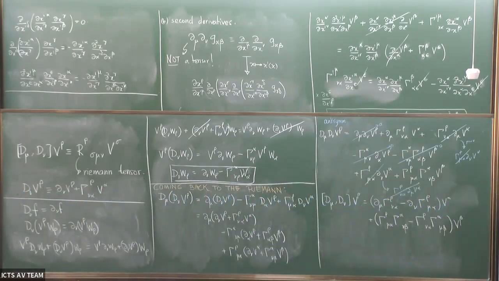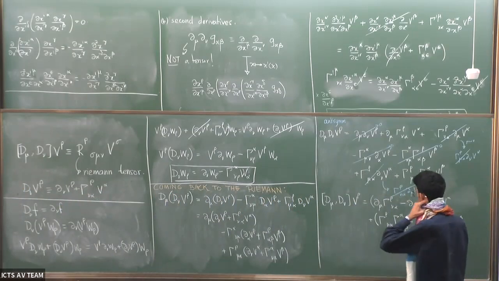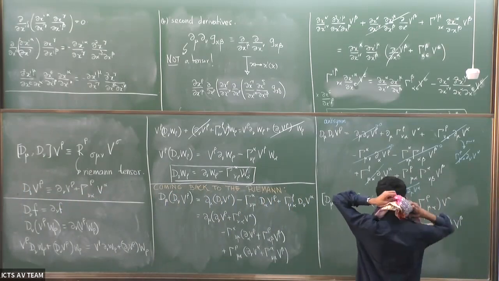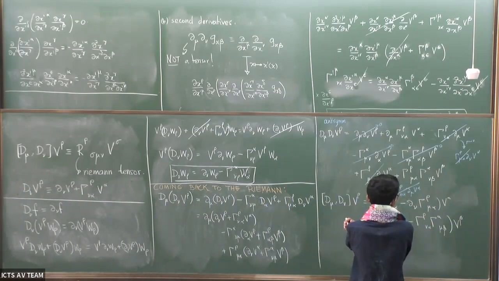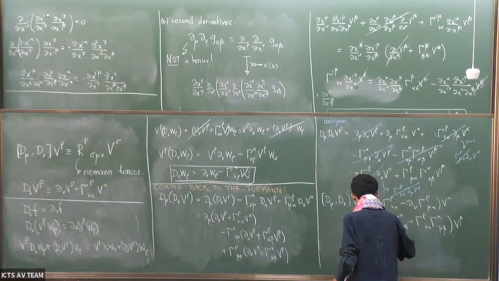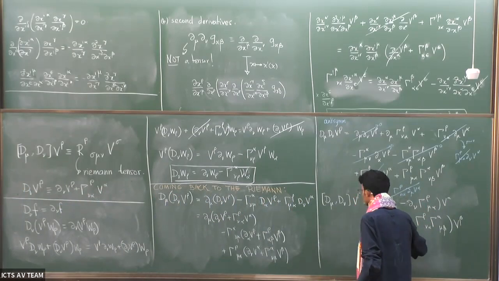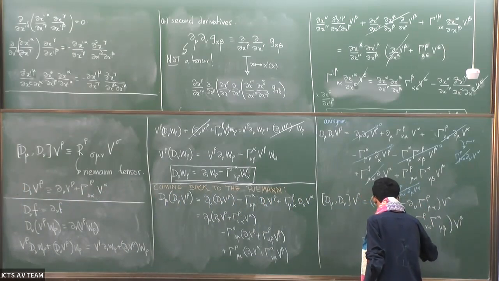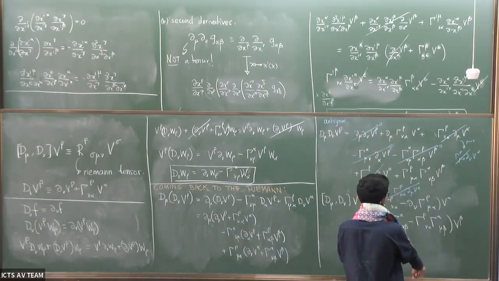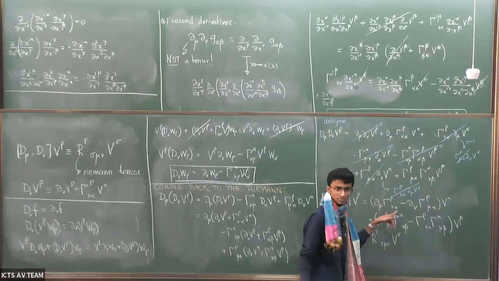Okay. Relabeling. Let us relabel. So this should be R rho sigma mu nu, v sigma. So let me relabel all the alphas to sigmas.